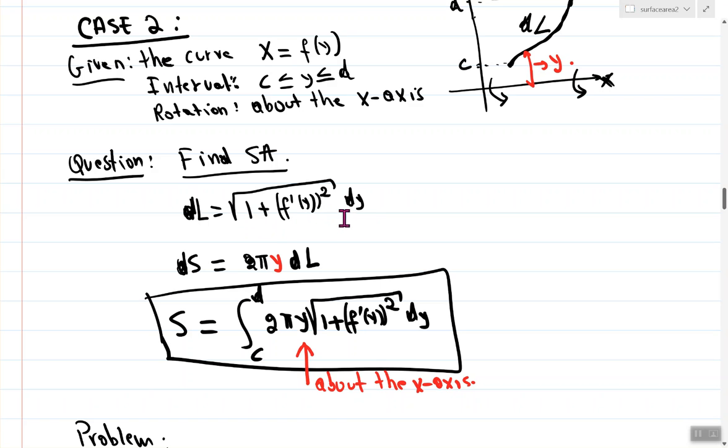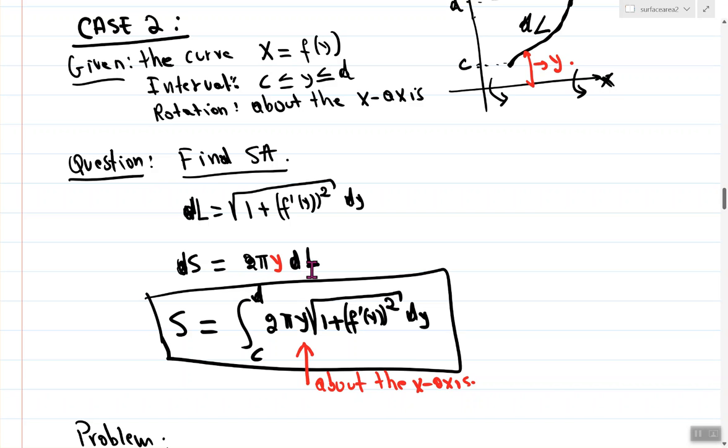This is like case 2 of the arc length. So ds, the surface area element, is usually 2 pi times y times dl. We put y here because this y is positive, so we didn't need to put the absolute value.